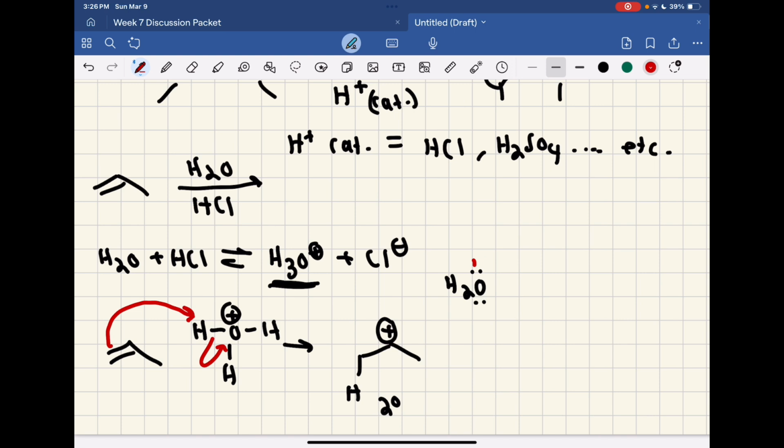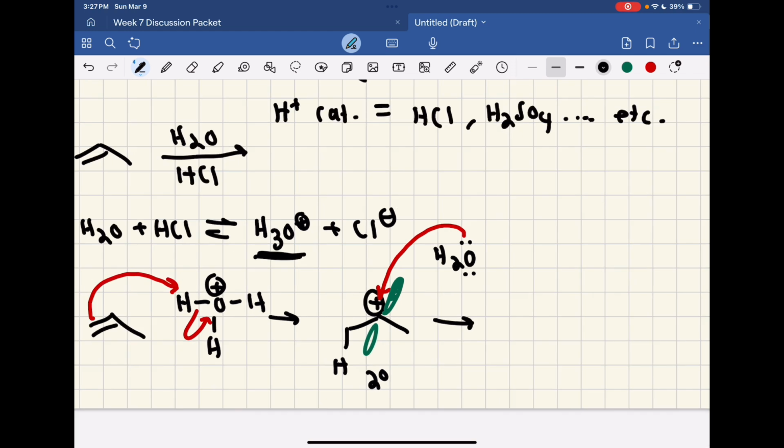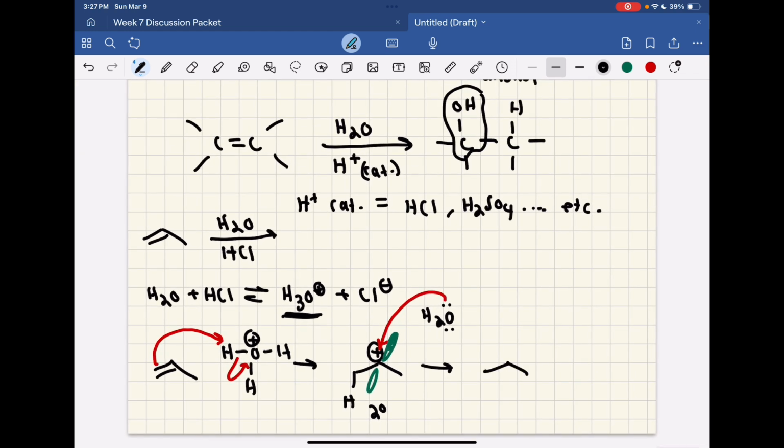You could imagine that the lone pair of the oxygen is a source of electrons that acts as a nucleophile that attacks that electrophile. At this point, remember that p orbital is unhybridized, and we can either attack from the front or the back. So we have our stereochemical considerations kind of emerging here, where we have either a wedged alcohol.